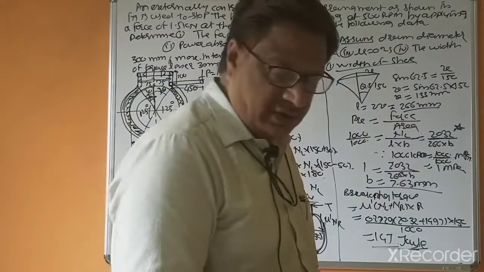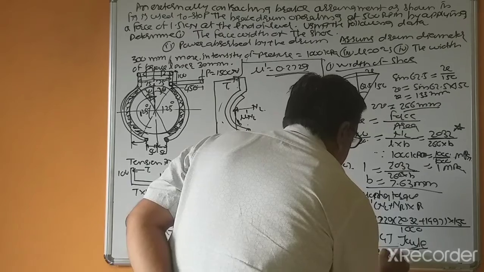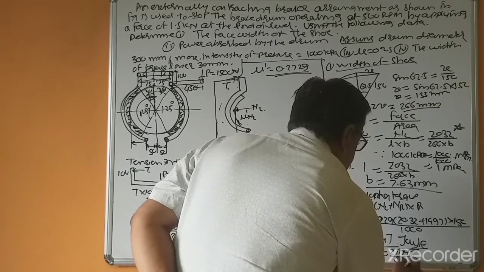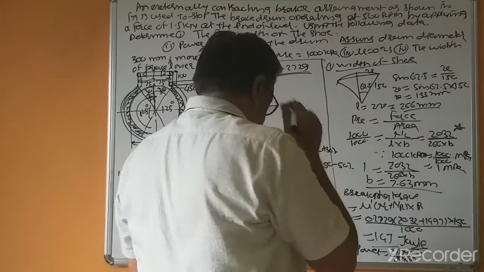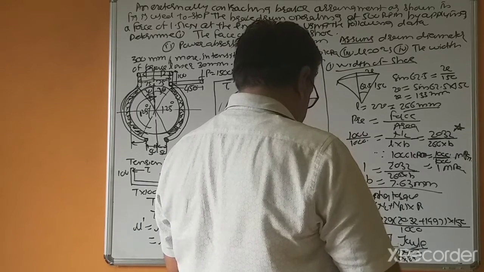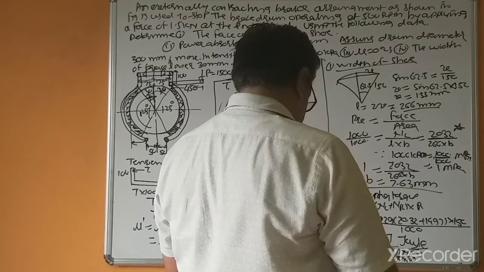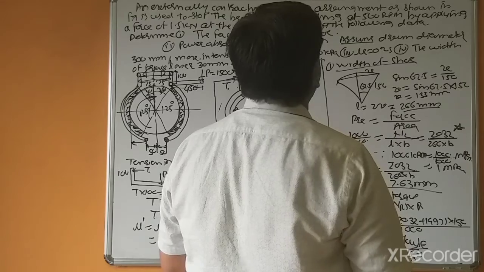And power equal to 2 pi NT divided by 60 into 1000, 10 to the power 6, or otherwise two into pi multiplied by RPM equal to, RPM is given.